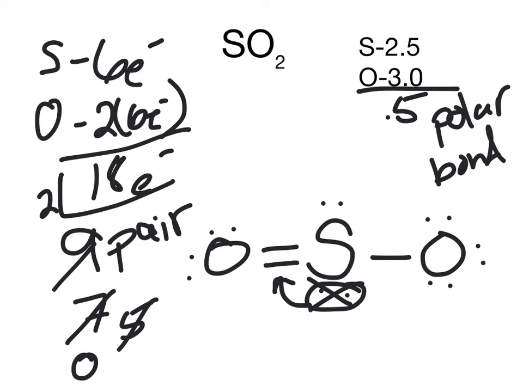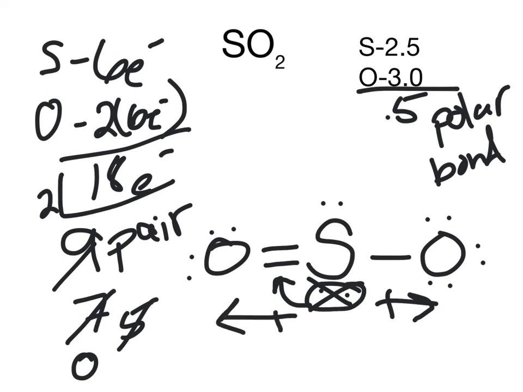So I know that my oxygen is a 3, my sulfur is a 2.5. So when I draw my dipoles, I'm going to draw my dipoles pointing towards my more electronegative atom, which would be my oxygen. So my dipoles are going to be going out.